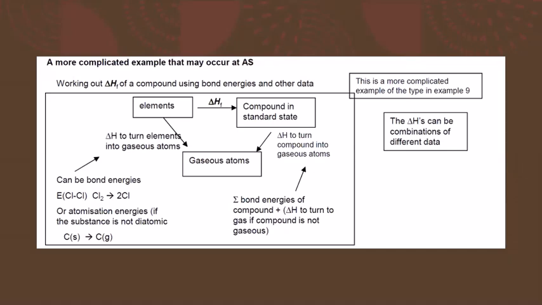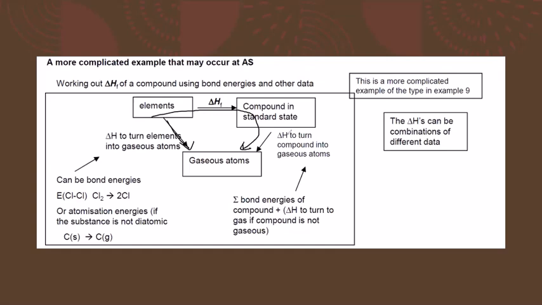So we can work out the enthalpy change of formation. How can we work it out? The same idea: elements are forming a compound, or elements might turn into gaseous atoms, or the compound might turn into gaseous atoms. So the route where elements form a compound and the compound forms the atoms is the same as the elements directly forming those atoms.